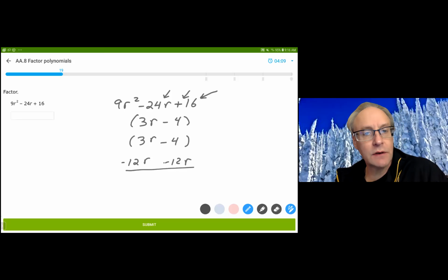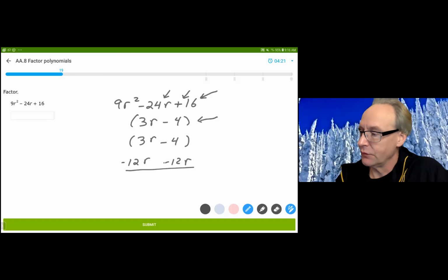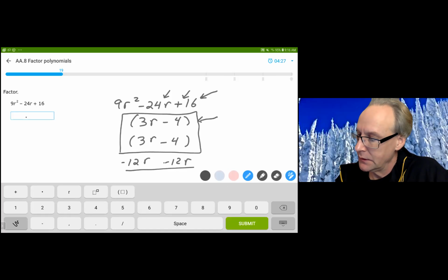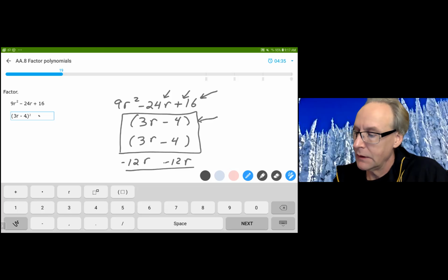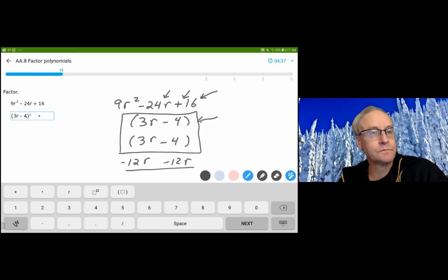Notice our middle term is double the product. By the product, I mean if I multiply these two terms together. That's a perfect square trinomial. So we're talking about 3r minus 4 times 3r minus 4, or simply 3r minus 4 squared.